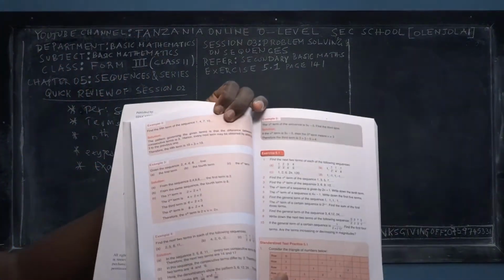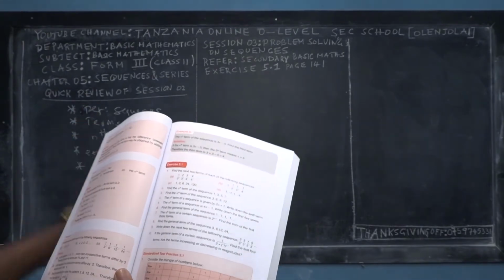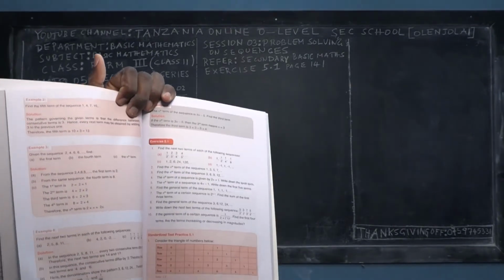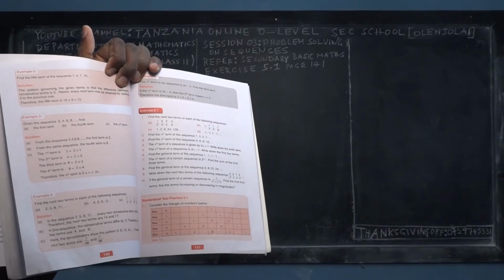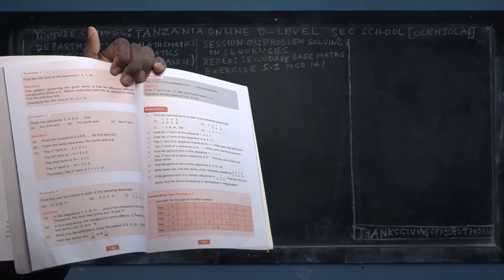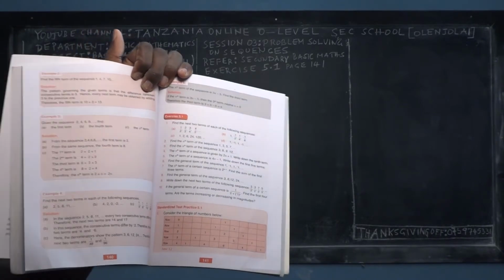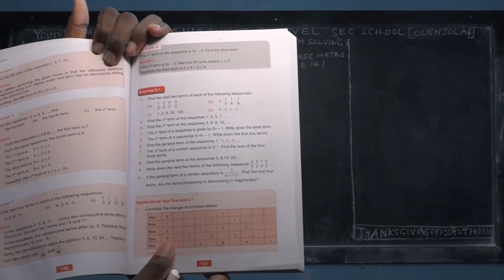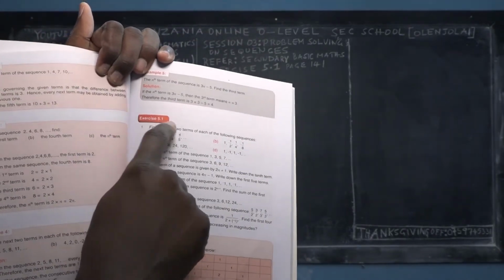As I told you, in the contents of sequences and series, look at the last content: I told you that I'm going to help you on problem solving. That's what we are going to do today. However, I won't solve all the problems, but today our focus will be on exercise 5.1.